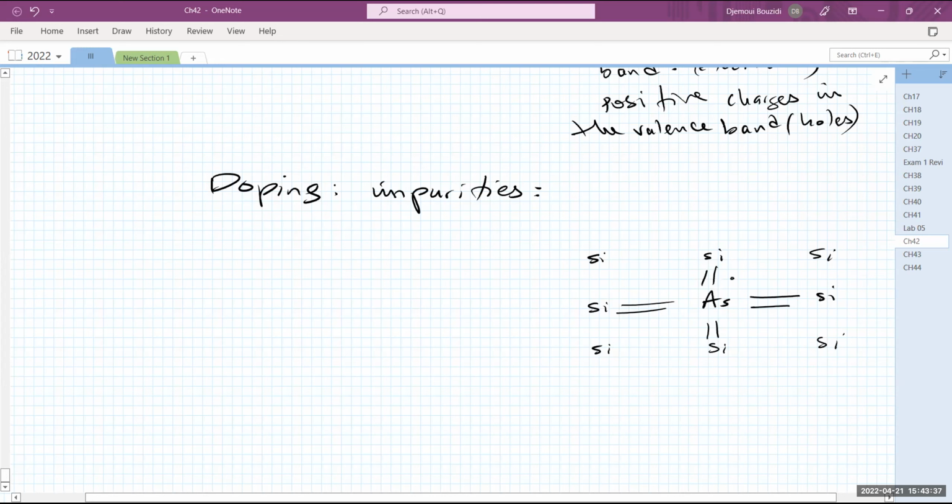So it has an available electron in here, okay? And this electron is actually very loosely connected to the arsenic nucleus. Why? Because of the fact that there is a lot of screening, first of all, from its own inner shells, okay? The Z number for arsenic is 33.